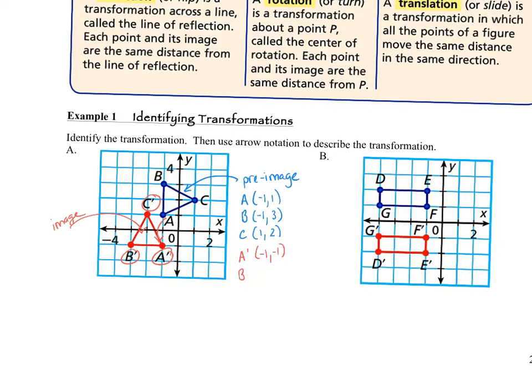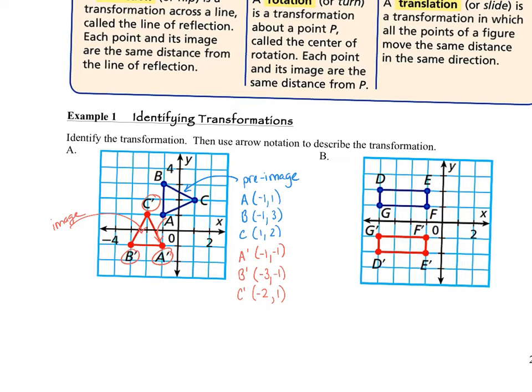And B prime is -3, -1, and C prime is -2, 1.